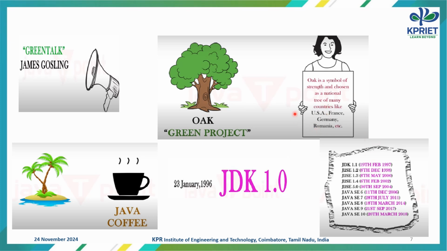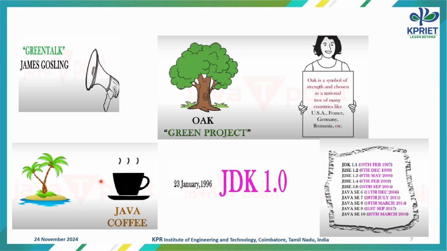In 1995, Oak was renamed as Java because it was trademarked by Oak Technology. Why the name Java came is a very interesting story. The team members once gathered to choose a new name for their programming language. They suggested various names like Jolt, Silk, Dynamic, DNA.